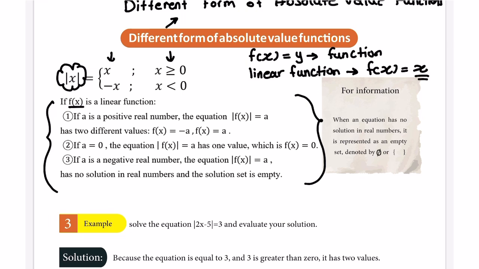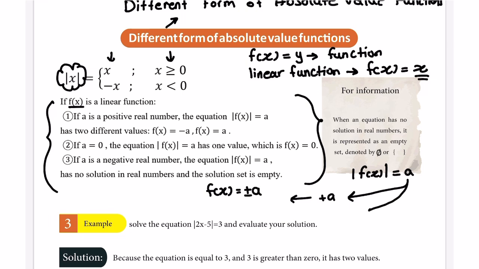Now, here it talks about three conditions or situations. First, if we have a function f of x inside the absolute value equal to a constant, in this position we have three cases. The first case is that if this is a positive number, positive a, the f of x has two solutions, plus or minus a, as an answer.